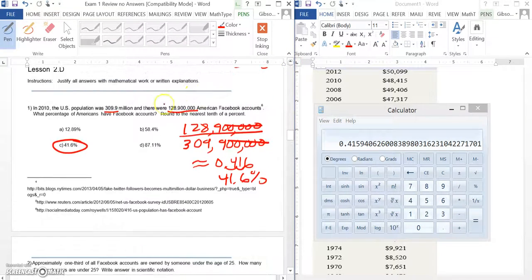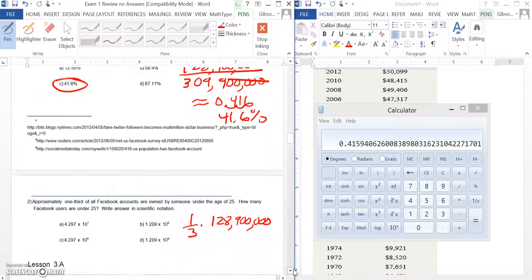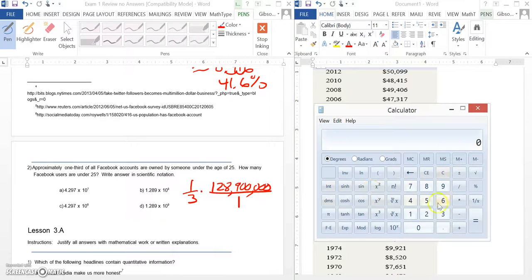Let's go back, and it tells us the American users were 128,900,000. Now we can put this over 1, and we can multiply this out. We know 1/3 multiplied by 128,900,000 will give us approximately this number here.